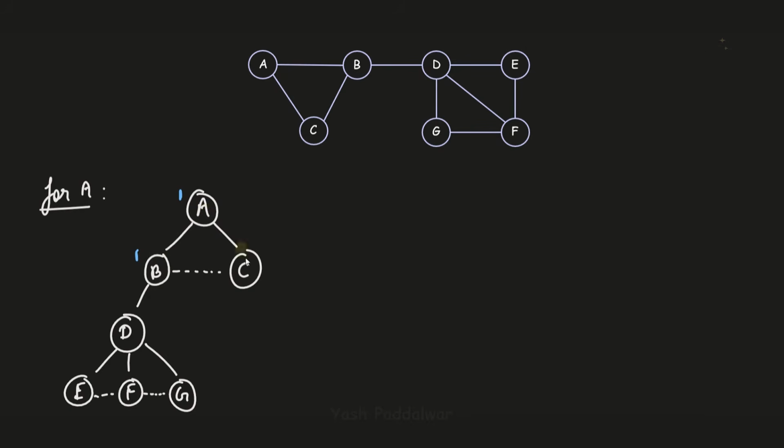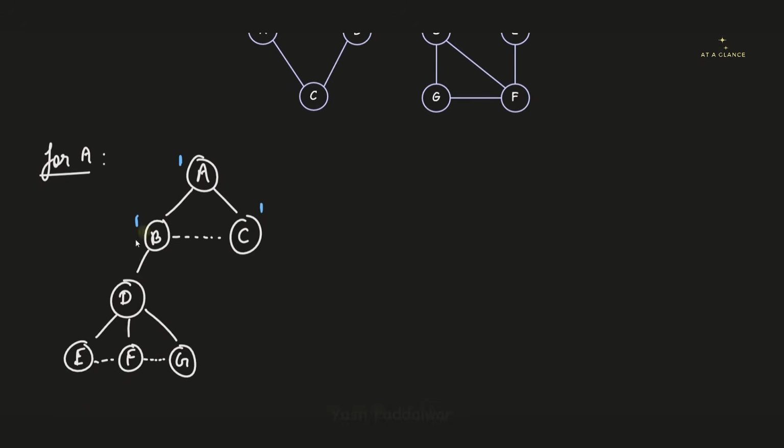Similarly for C, there is only one path from A to C. Similarly for D, there is one shortest path, that is A, B and D. For E it is one, that is A, B, D, E, and for F also it is one. For G also it is one.